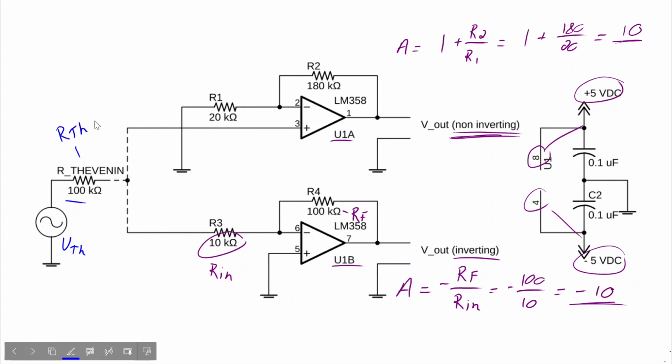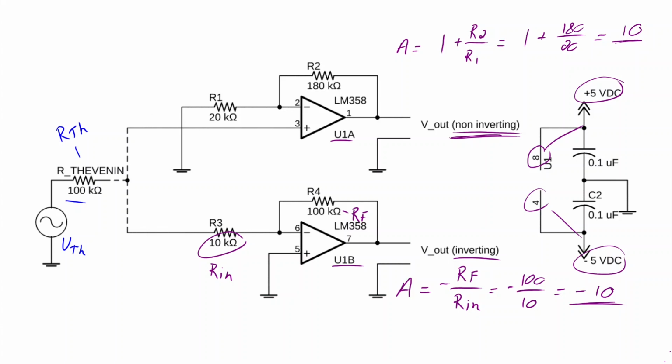From your studies of electronics, you may recall that Thevenin's theorem tells us that any two-terminal device may be modeled as an ideal voltage source with a series output resistor. In this case, we're using the signal generator, but it's a good stand-in for a sensitive sensor.